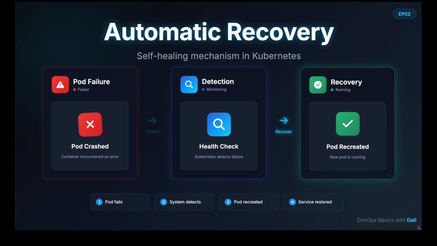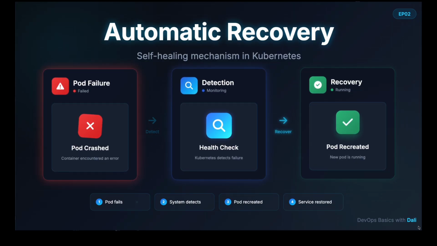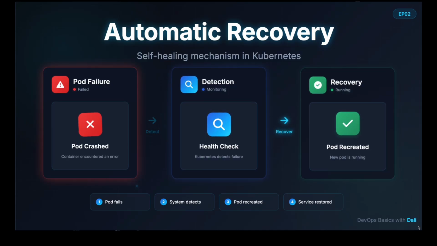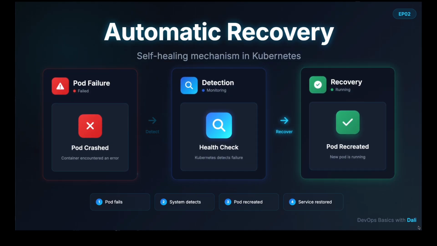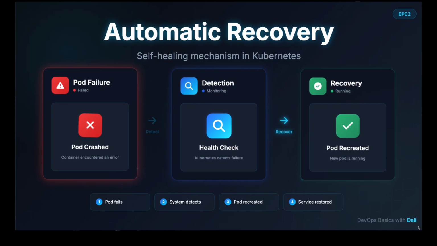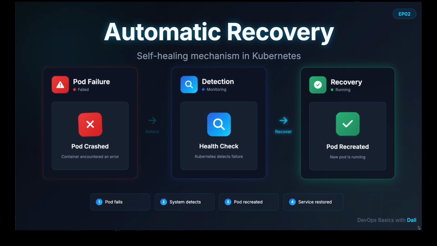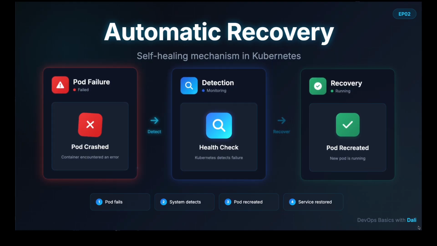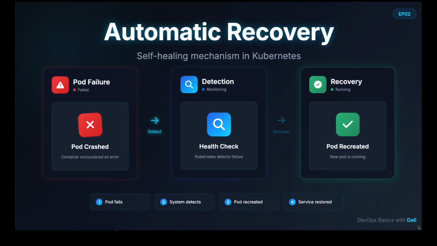Then, Kubernetes recreates a new healthy pod automatically without requiring manual intervention. And finally, the service becomes available again. This is one of the reasons Kubernetes is so powerful in production environments. Instead of engineers manually restarting applications, Kubernetes recovers failures automatically.